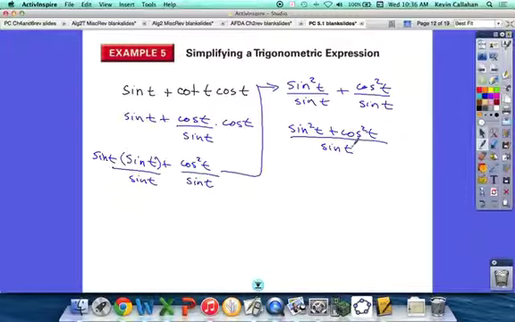But we have a substitution for sine squared plus cosine squared. What is sine squared plus cosine squared? 1, right? So that's another substitution with Pythagorean identities. That is 1 over the sine of t. And then 1 over sine t, we have a substitution for that. It's cosecant. So this whole thing can be simplified as the cosecant of t.